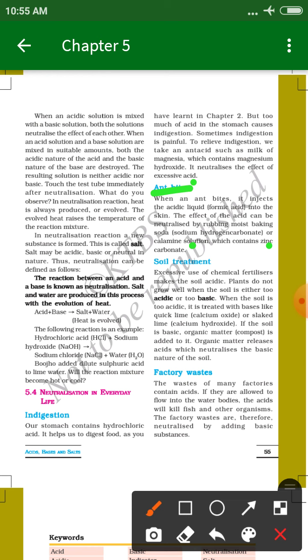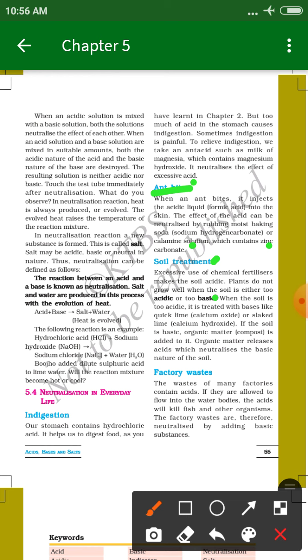And another one, soil treatment. Excessive use of chemical fertilizers makes the soil acidic. Plants do not grow well when the soil is either too acidic or too basic. When the soil is too acidic, it is treated with bases like quick lime or calcium oxide or slaked lime, which is nothing but calcium hydroxide.